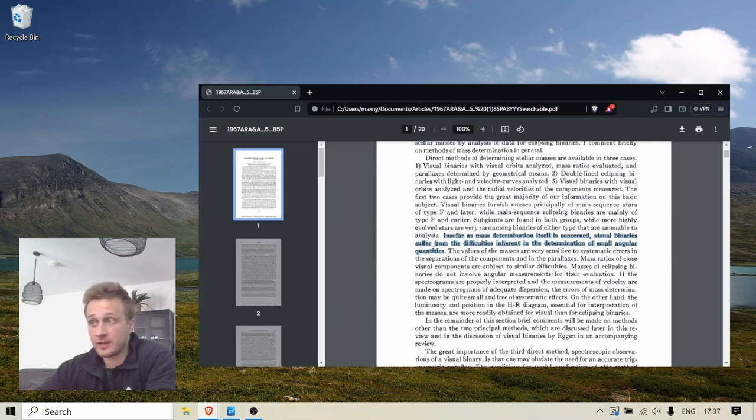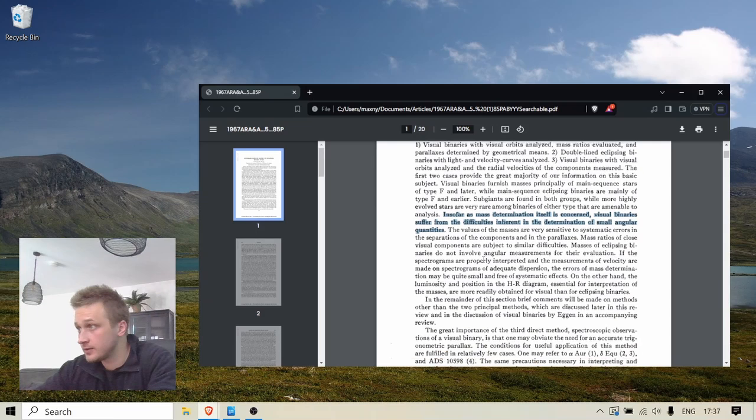I'm not sure if they are referencing the parallax here, but yes, your mass determination will of course depend on the accuracy to which you can measure, well, I don't know if small angular quantities, but the distances, for example. So the semi-major axis, which is what we have in Kepler's third law.